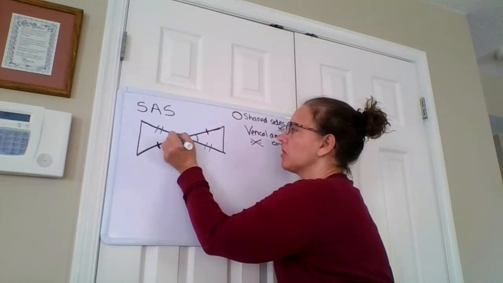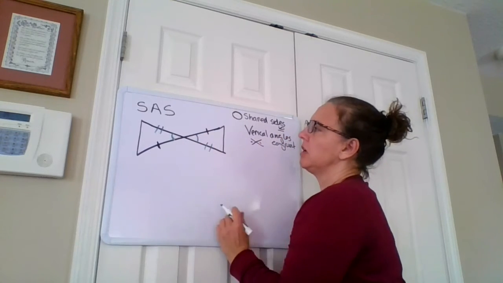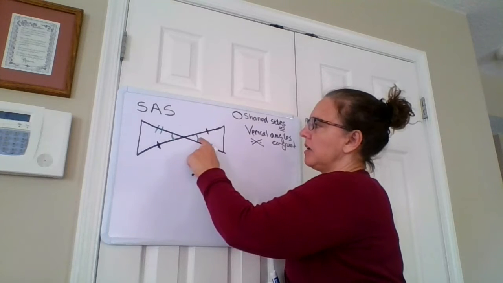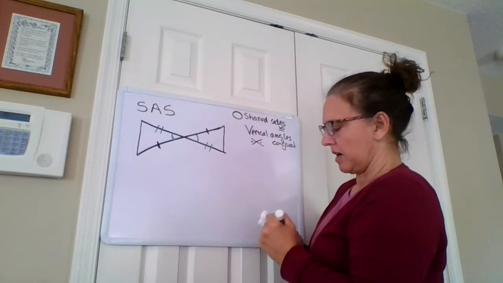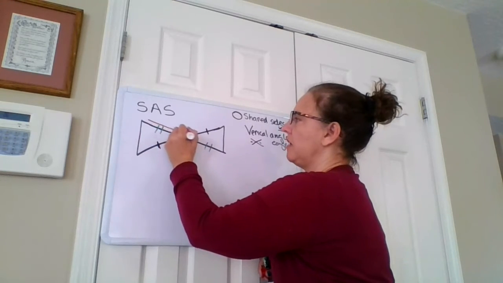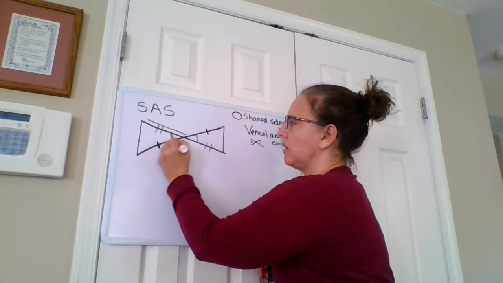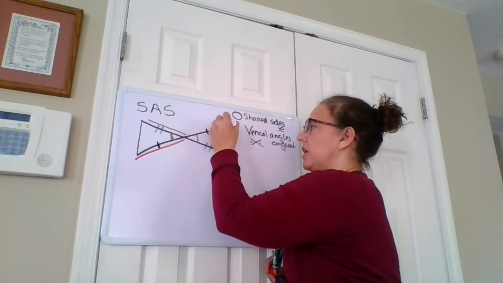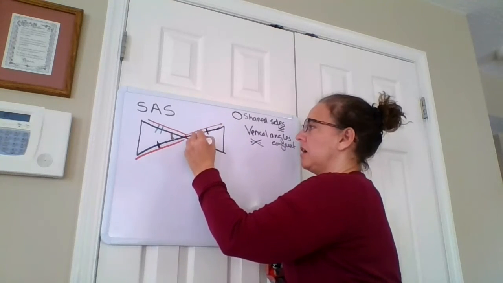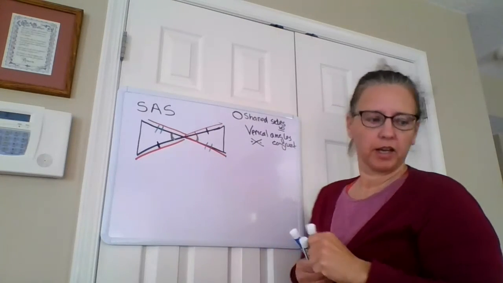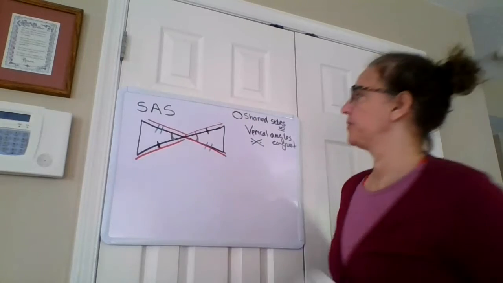So I have to mark those 2 congruent. And so now I have this side, this angle, and this side. On this triangle, I have a side, an angle, and a side. And on this triangle, I have a side, an angle, and another side. So I have side, angle, side.